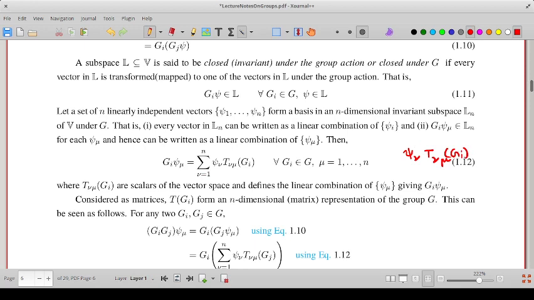So for every Gi and for every mu, there will be a set of n numbers T1 mu Gi, T2 mu Gi, and so on up to Tn mu Gi that form a linear combination with the basis vector psi nu, giving the vector obtained by the group action Gi on psi mu. So the linear combination will involve summation of nu from 1 to n.